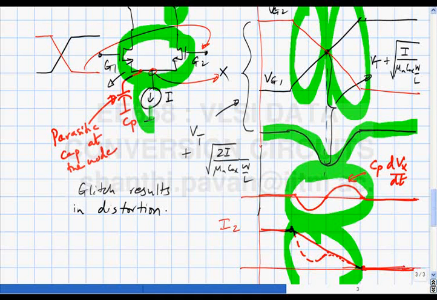More importantly, without the cascode device, the W by L of the transistor is the same for both devices, the cascode as well as the bottom transistor. But the W times L for the bottom transistor is much larger because you want to reduce mismatch. Which basically means the W is large and the L is large. If the W is large, what does it mean for the capacitance? It's large.